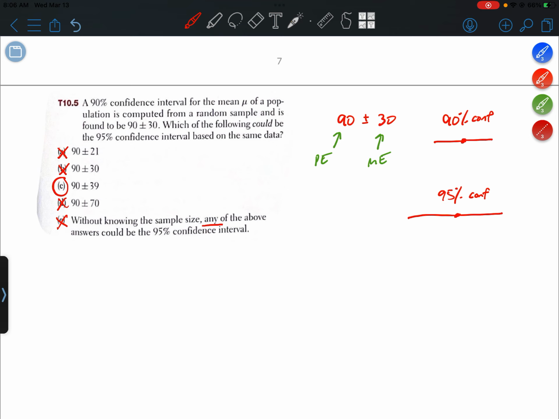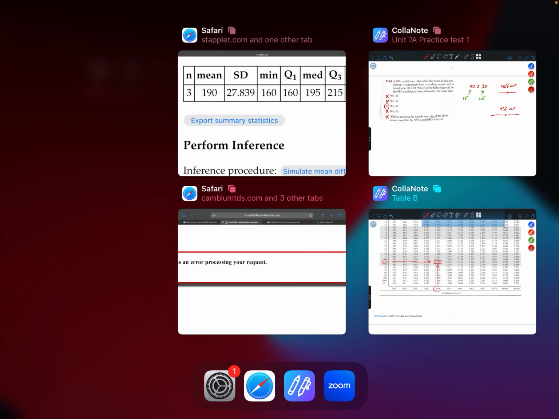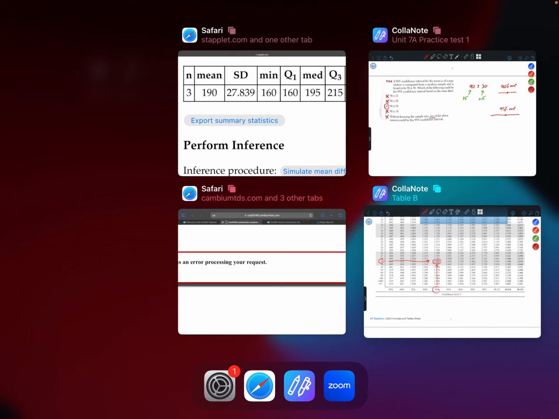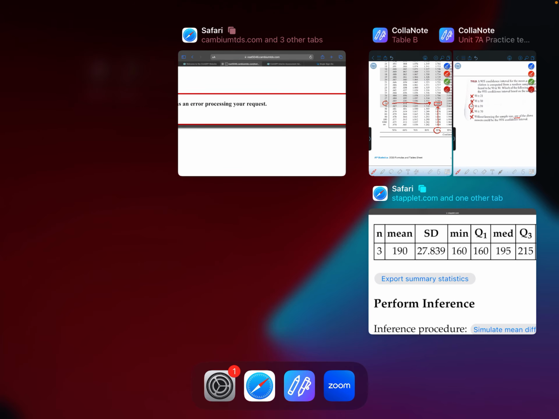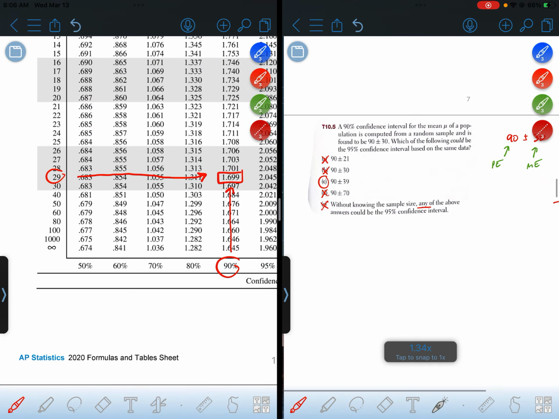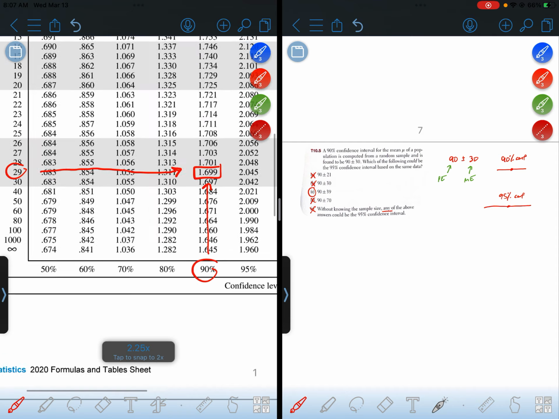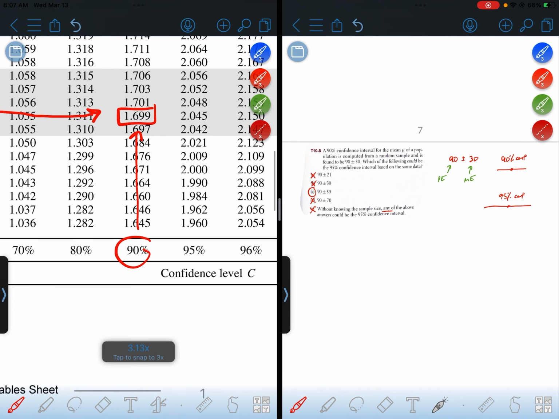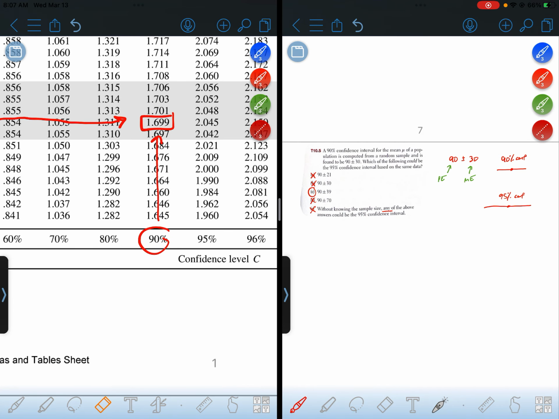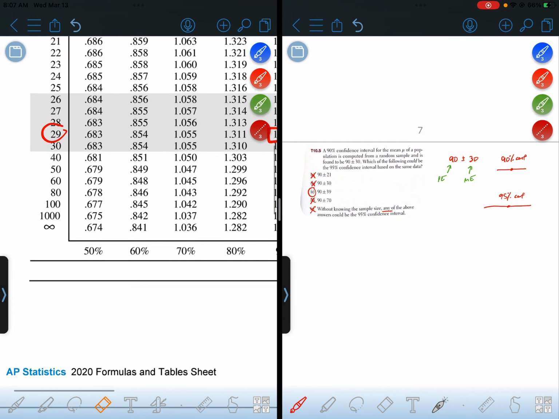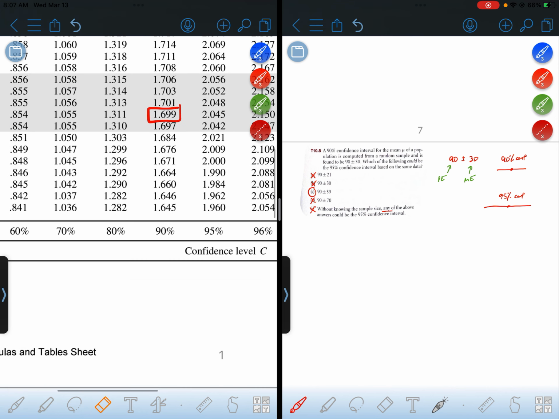Okay. So let's kind of quickly look at table B, right? So would going from 90 to 95% more than double the margin of error? Okay, I don't think so. Let's just look at this particular row that I was at. So I was looking at 29 degrees of freedom, right?